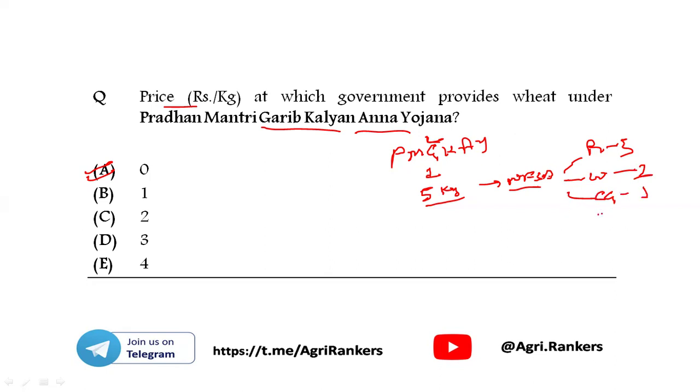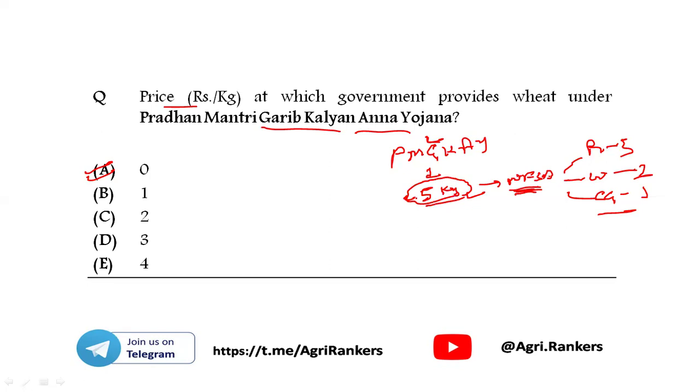But under the Pradhan Mantri Garib Kalyan Yojana, out of the total food grain provided under this scheme, 5 kg extra will be provided free of cost.